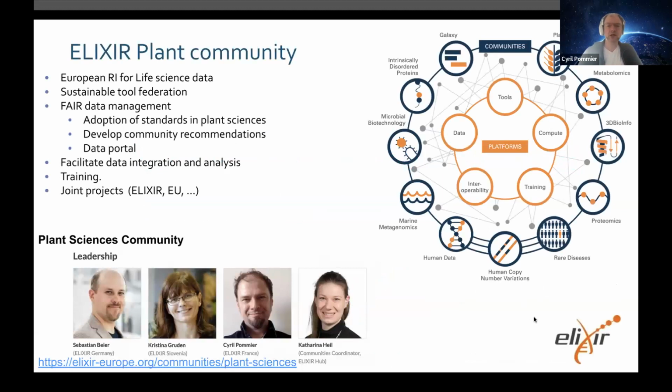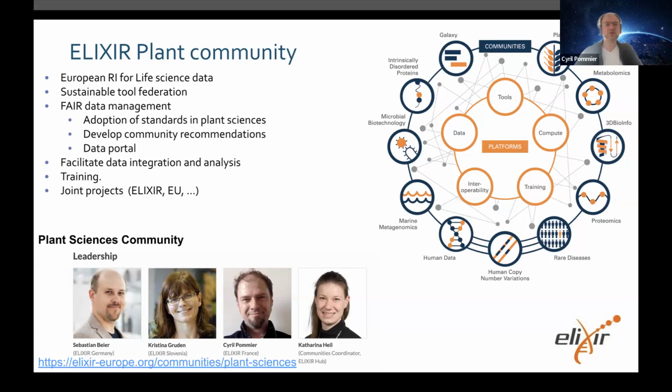So very quickly, because you don't necessarily know what ELIXIR and EMPHASIS are. ELIXIR is a European research infrastructure for life science data, from human to biodiversity and plant research. What we want to do in the plant community is to build a sustainable tool federation.